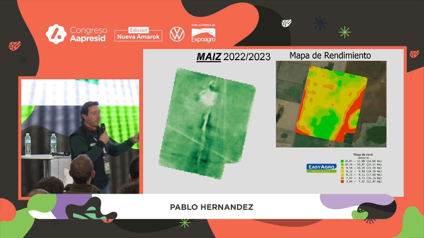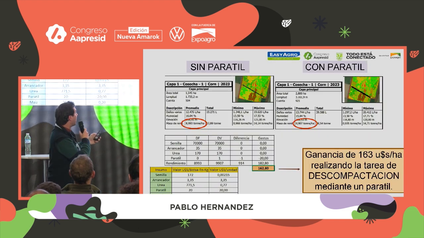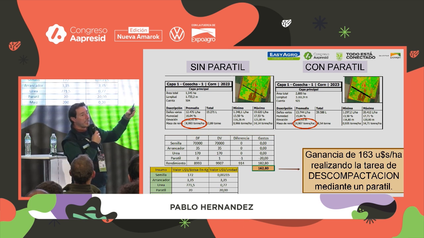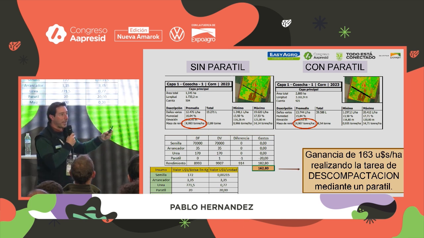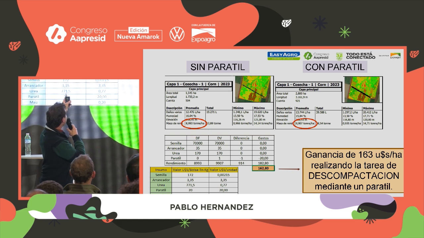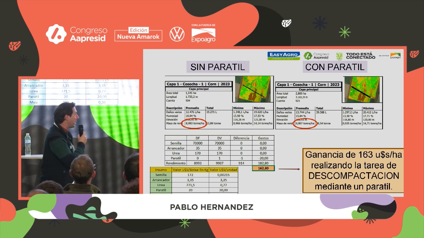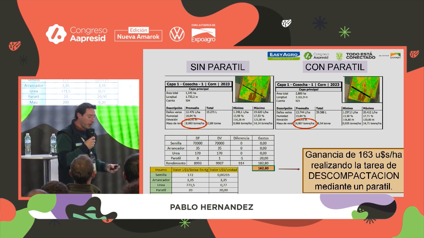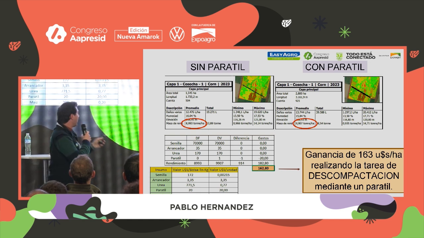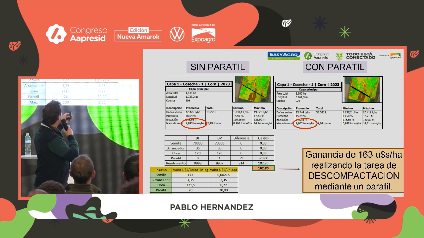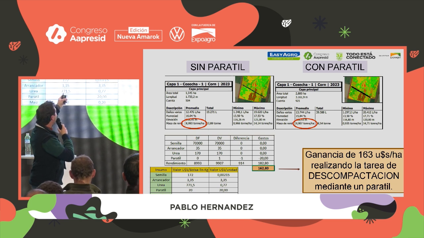During the harvest, we obtained a yield map, and we filtered the result, comparing the areas with paratil and the areas without paratil. With no paratil in the 2022-2023 campaign, the maize had a yield of 8,993 kilos. In the area with paratils, it was 9,907.